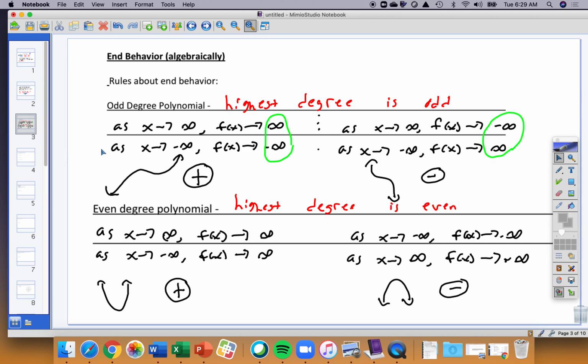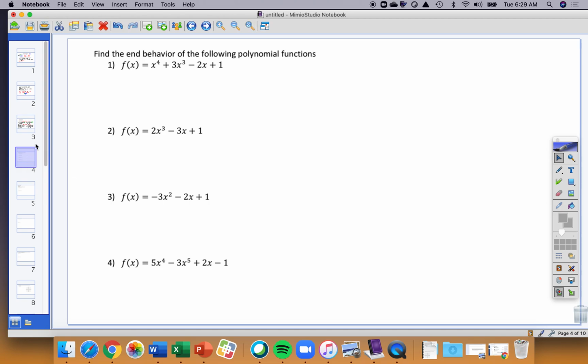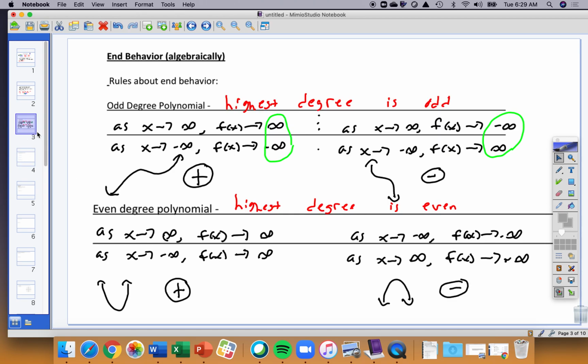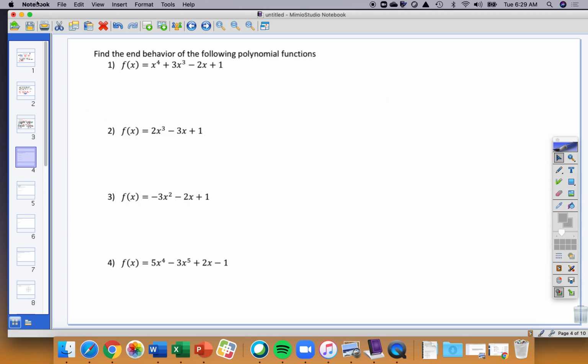So this is end behavior. Let's look at some examples. Let's find the end behavior. Here I have an even degree polynomial, and my leading coefficient is positive.